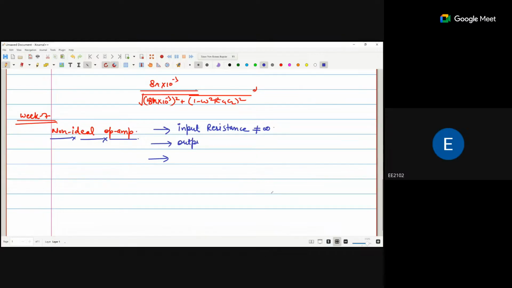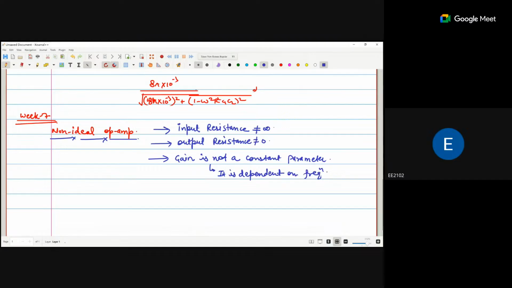Second, their output resistance will not be zero. And third, their gain is not a constant parameter. That means it is dependent on frequency.